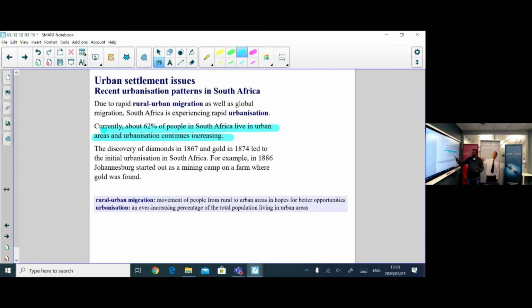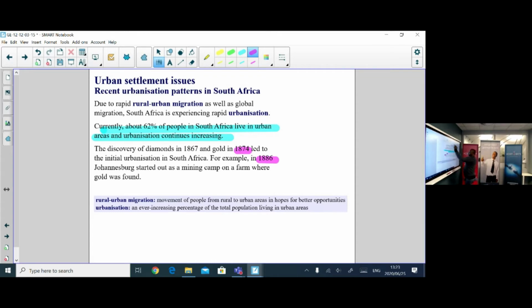For example, in 1886, Johannesburg started out as a mining camp on a farm where gold was found.